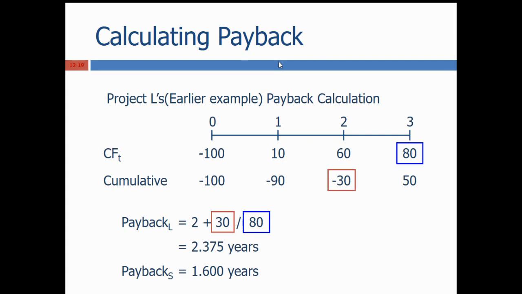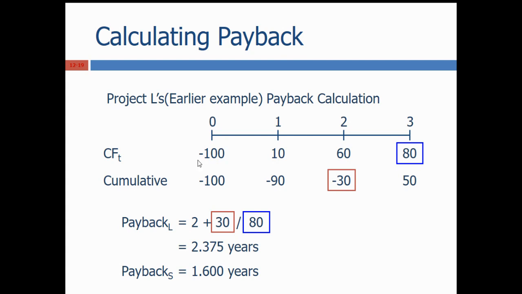So as you see in this example here, this is the earlier example, project L and project S. At the beginning of the year it is negative 100, an outflow. Then you have 10, 60, 80.